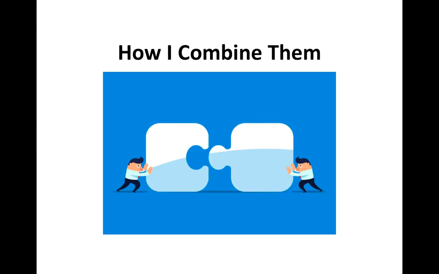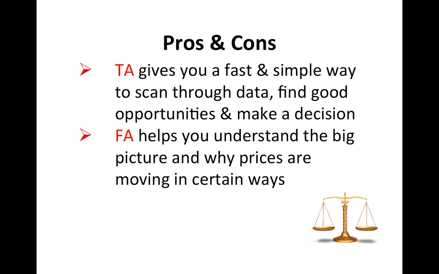So with that in mind, how do you effectively combine both technical analysis and fundamental analysis to help you make your trading decisions? Personally, I rely more on TA, but I also take into account the fundamentals when I'm making my overall trading decision. Here are some of the pros and cons of TA versus FA.